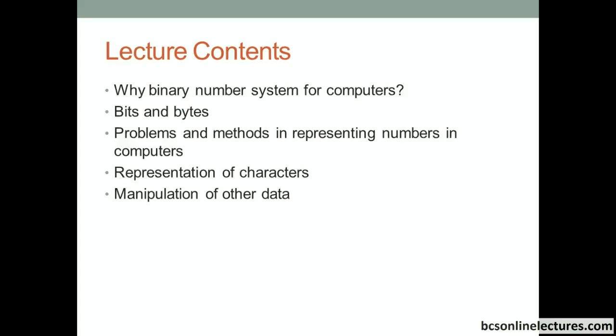Then we will discuss bits and bytes, the measurement unit for storage in computers. Then we will discuss problems and methods in representing numbers in computers. Finally, we will discuss representation of characters and other data. Other data means photos, images, videos, like that. How computers can handle those other multimedia data.